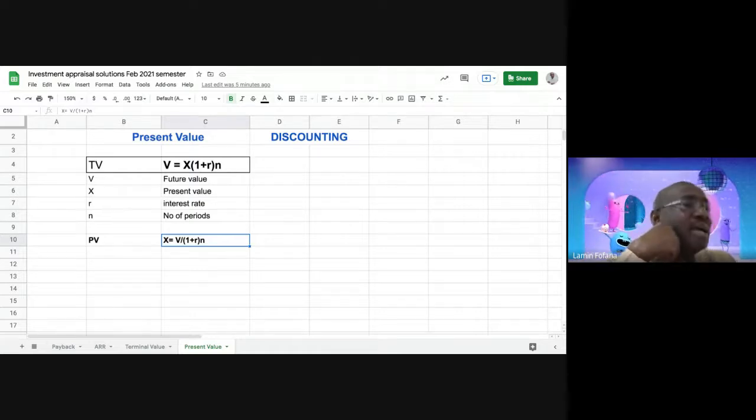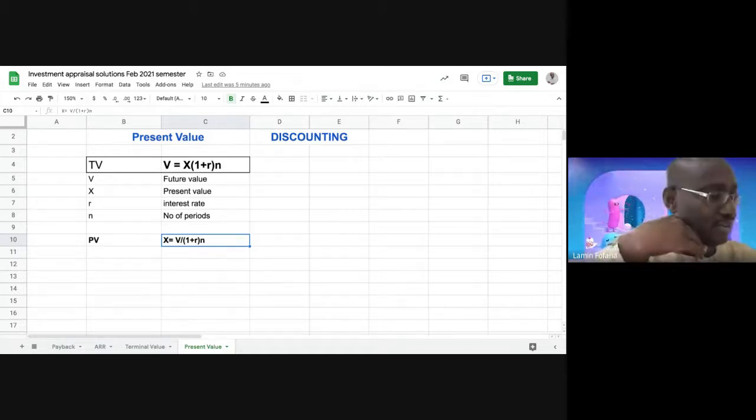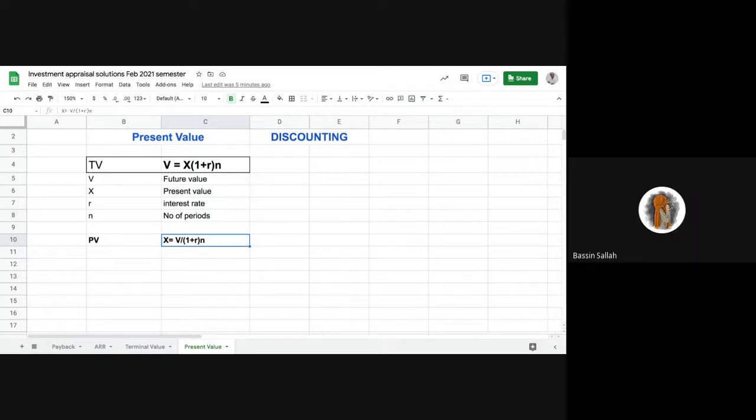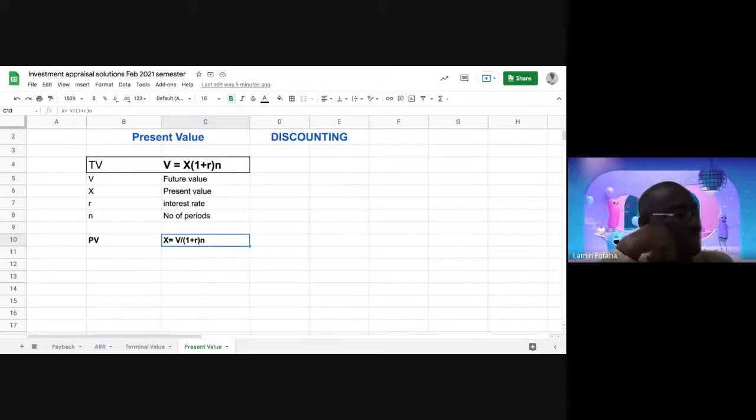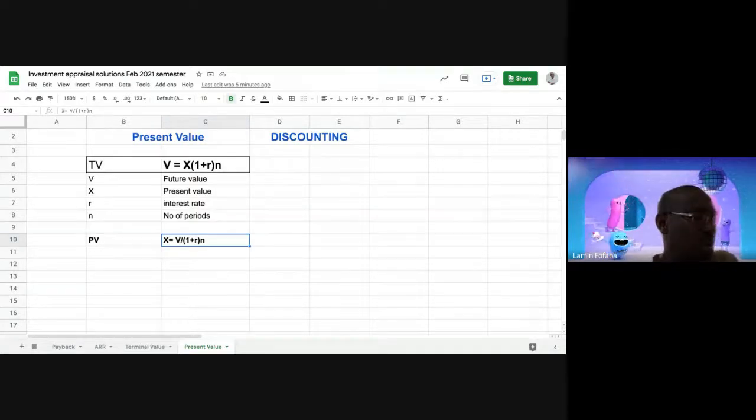And any number raised to power 1 is the number, isn't it? So if you take 11,000 divided by 1.1, how much does that give you? 10,000. 10,000, okay.